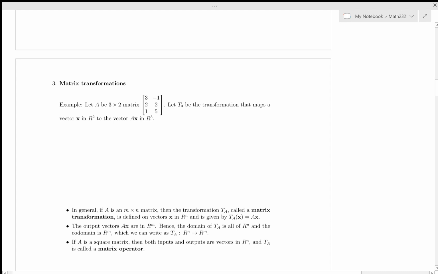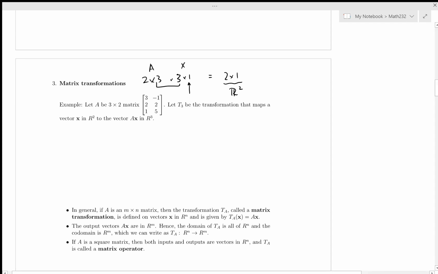Okay, so we have here a 2x3 matrix, that is A, and we are going to multiply that by a vector, which is going to have to be of size 3 by 1 because these inner dimensions have to match. So the output is going to be a 2 by 1, a vector in R2.